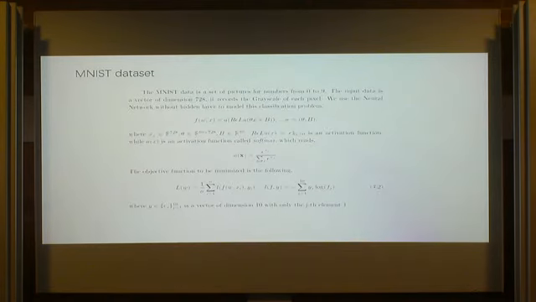So now we do some numerical experiments. This is a standard test case for machine learning, for image processing. The image is represented by grayscale values, and the digits are from 0 to 9. The input data is a vector of dimension 700-something, which records the grayscale of each pixel. Here we consider a single-layer neural network. It's a composition of a linear function with this rectified linear unit, the ReLU, which is x when x is positive and 0 otherwise.